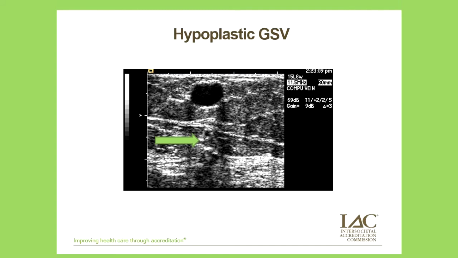Often it can be aplastic, but often not. It's just that we aren't looking for the great saphenous vein when it's so small. So that's one common weakness as we're learning to identify it. When someone points it out to you and you see it once, it makes it much easier in the future to start looking in those terms when you see a large parallel tributary such as that.